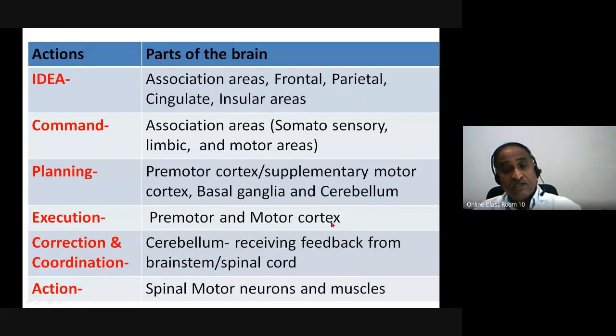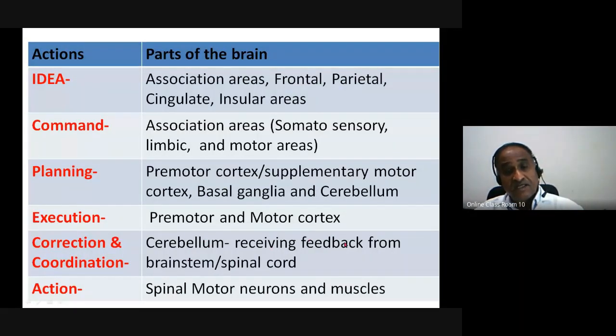These motor neurons are executed. When the muscle is activated, proprioceptive inputs come back to the cerebellum. Whether what is being asked, what is intended, and what is done are matching or not matching is assessed in the cerebellum. That is correction and coordination.